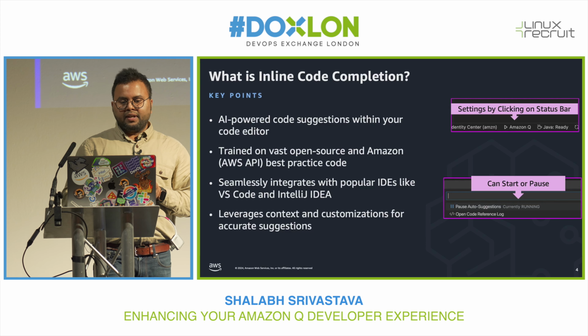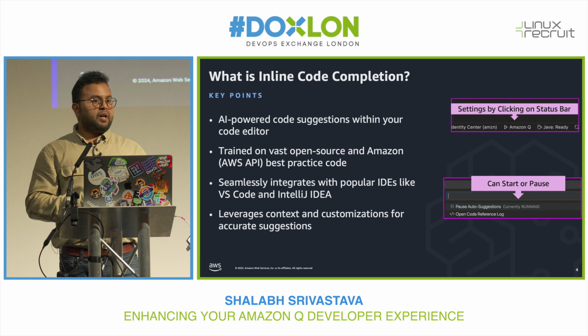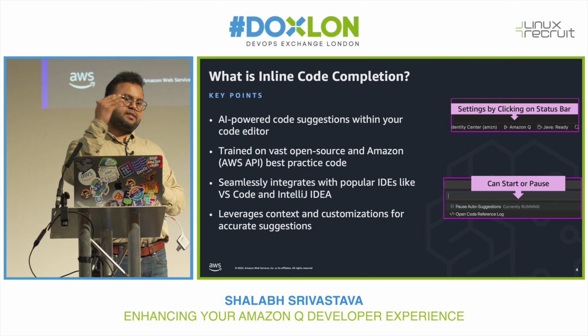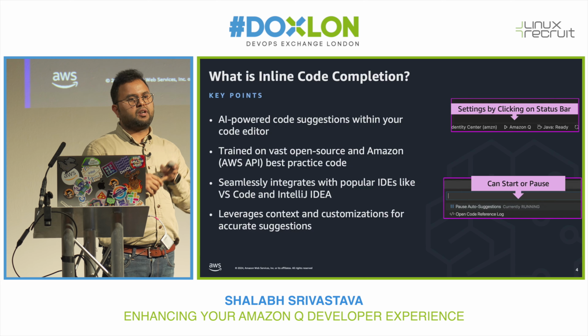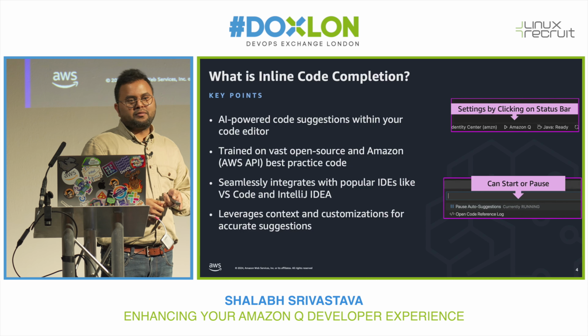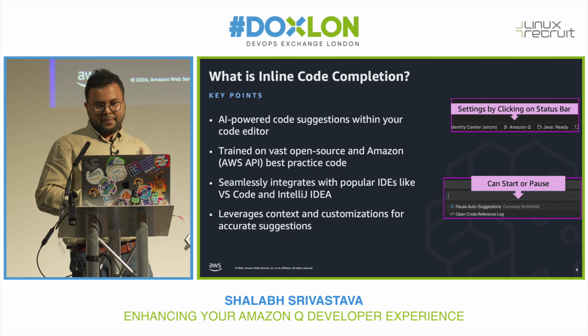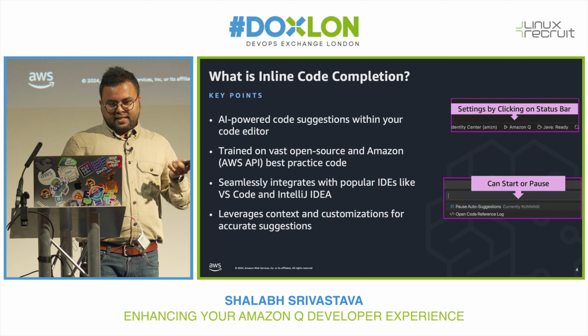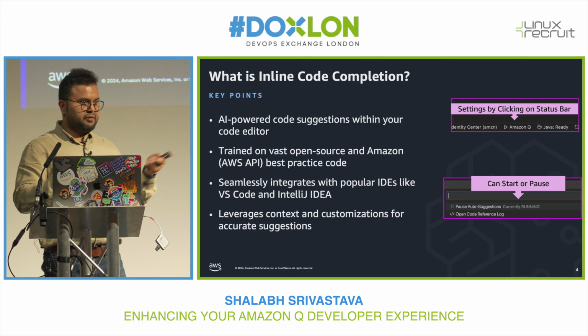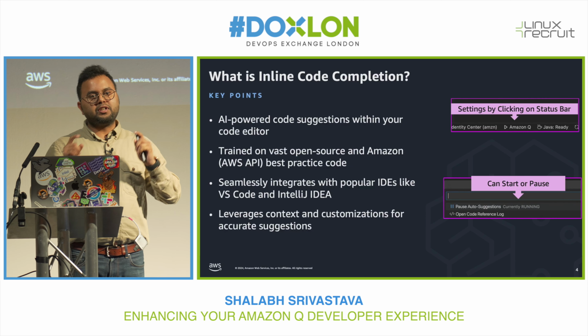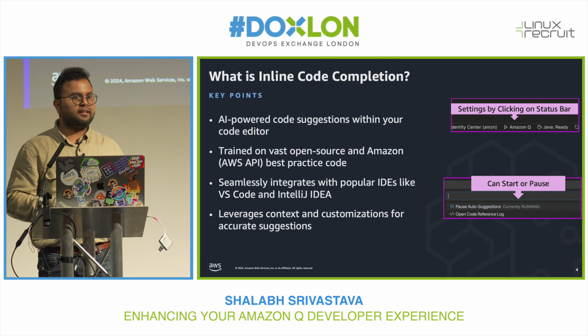It has the ability to provide context-aware code suggestions. So it checks which file you're working on, what your workspace is, what code you have, and what naming convention you're following in your code repositories. And then, as I said, it leverages context and customizations from the files which are already opened or which are in your workspace. We'll see that in a later section.